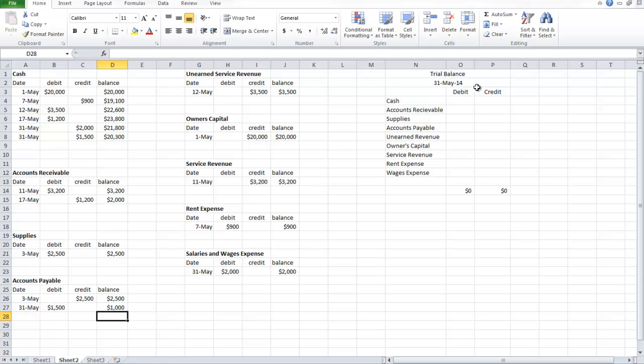So the last part of this exercise is to create a trial balance. So all we need to do is take the account balances from each and every account. We just add them up. We just copy them over first. Then we total them up. So remember, our assets are debited, and now we credit our liabilities.